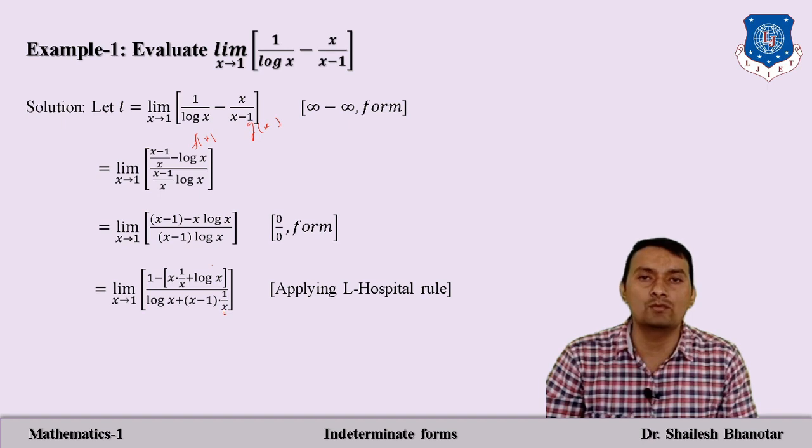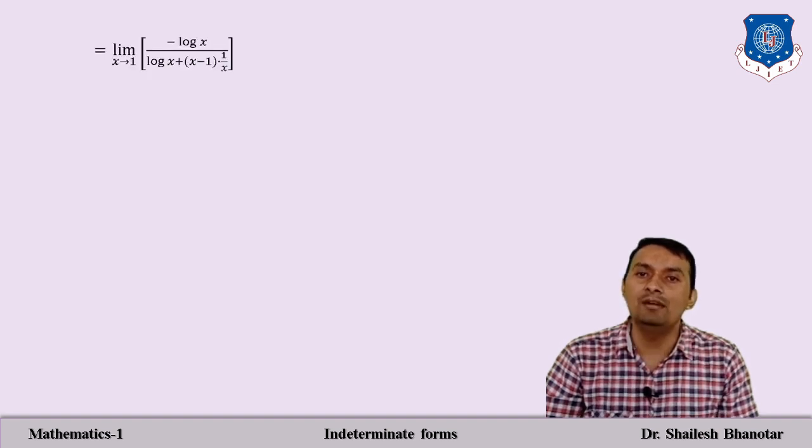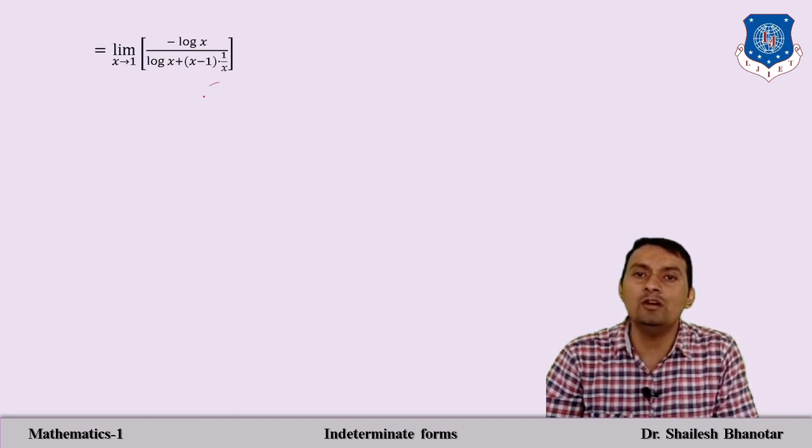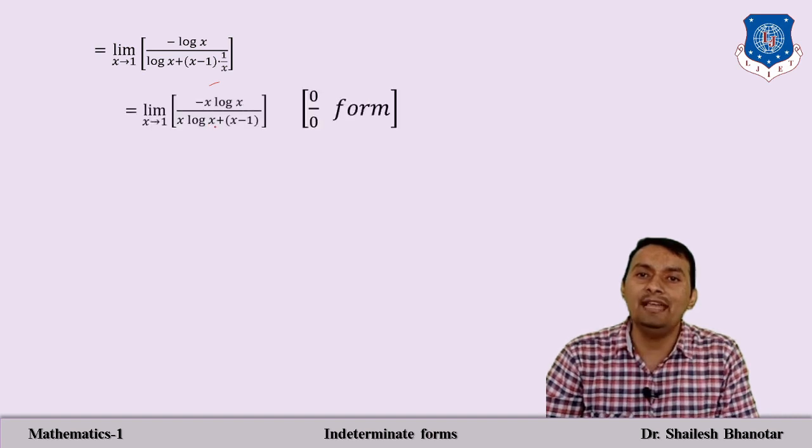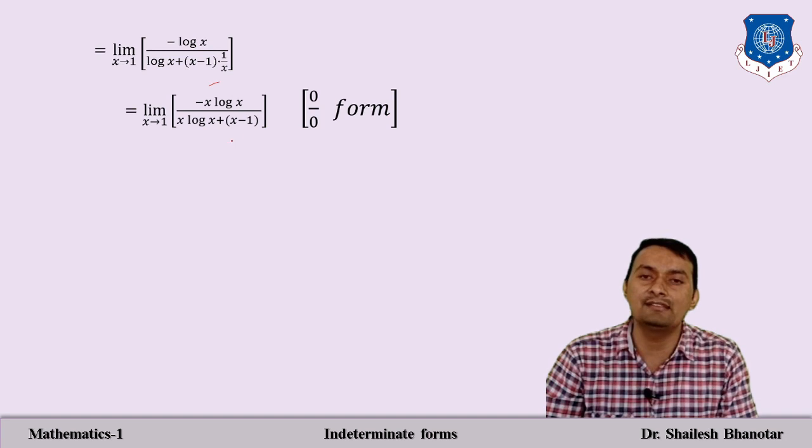After simplifying we get minus log x divided by log x plus x minus 1 times 1 divided by x. Again taking the LCM x from the denominator, we get limit x tends to 1 of minus x log x divided by x into log x plus x minus 1.